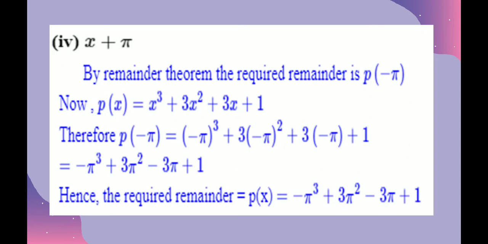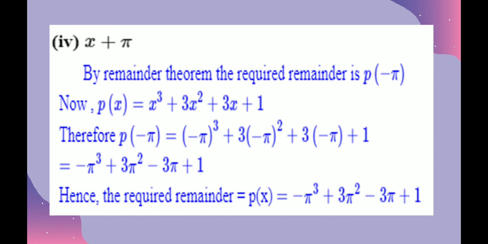Now, fourth part is x plus pi. By remainder theorem, the required remainder is p of minus pi. Now, p of x is equal to x cube plus 3x square plus 3x plus 1. Therefore, p of minus pi is equal to (minus pi) raised to the power 3 plus 3 multiply (minus pi) raised to the power 2 plus 3 multiply minus pi plus 1.